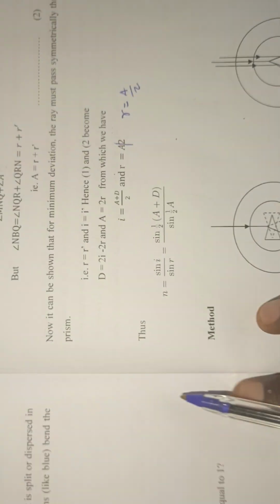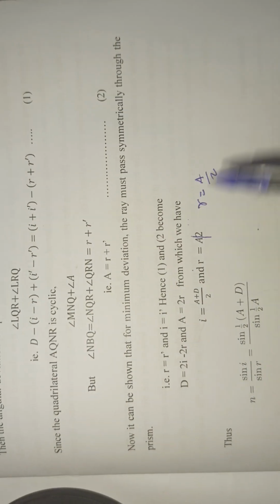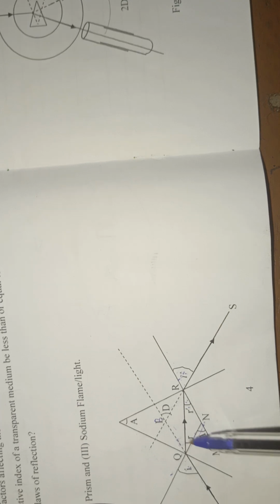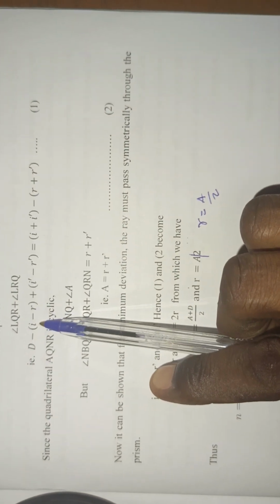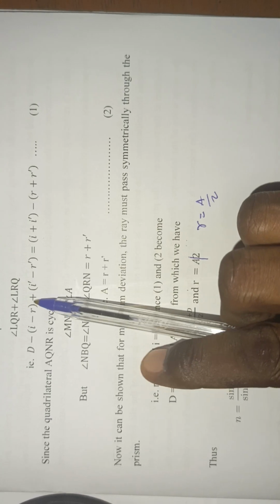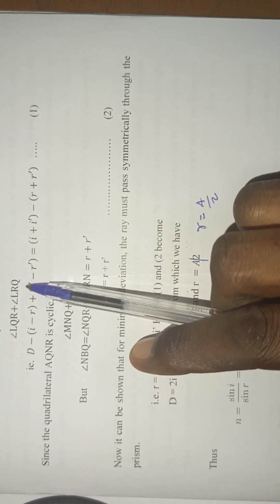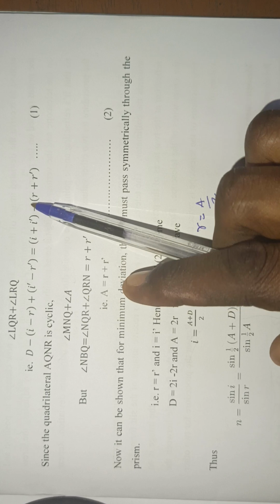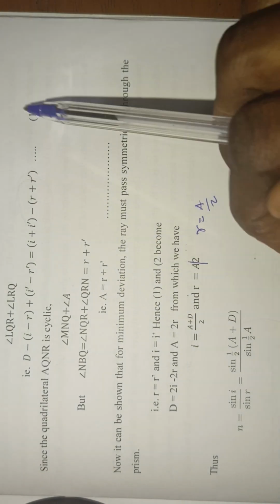Now let's go to some of the applications. When you have I minus R, so D here, realize that if this line is parallel to this line, it means this angle here is the same as this angle here. So D equals I minus R, plus I prime minus R prime, which gives us this. We can call that equation 1.